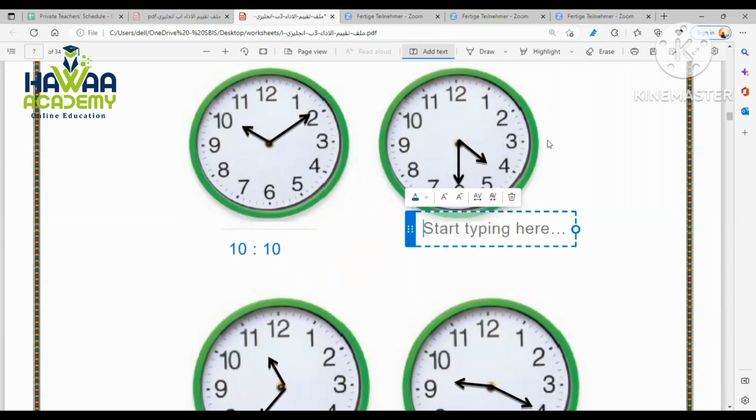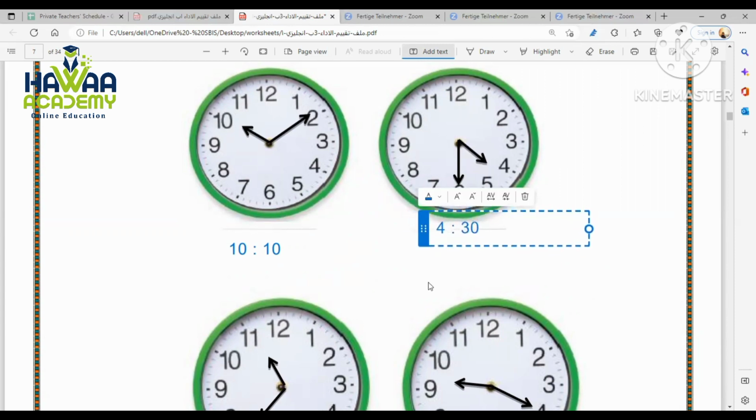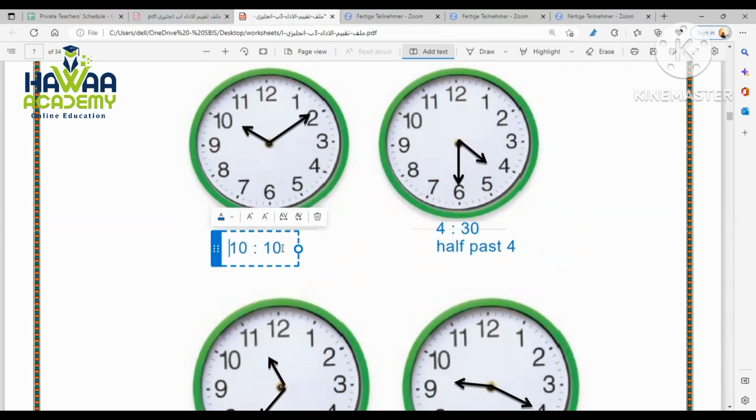We're midway between 4 and 5, so we're still at 4, and it's and a half, so it's 4:30. It's more appropriate like that, or more professional, you know? And here I can say 10:10.